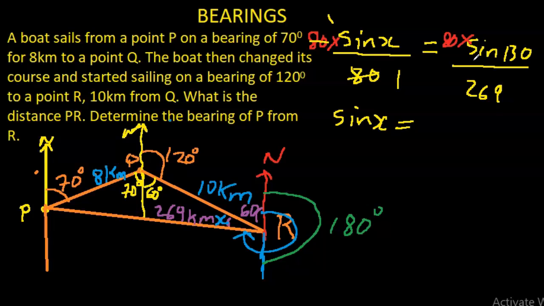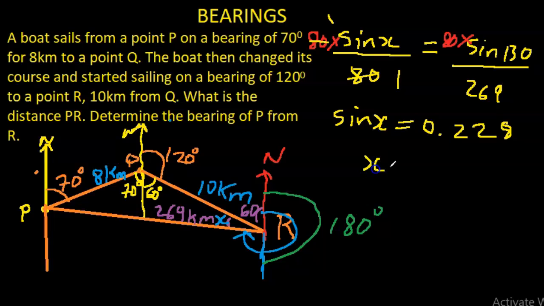Let me write that out. 80 sine 130 divided by 269 equals 0.228 to 3 decimal places.